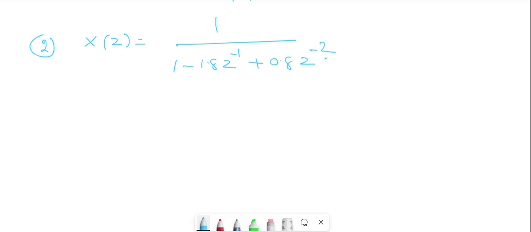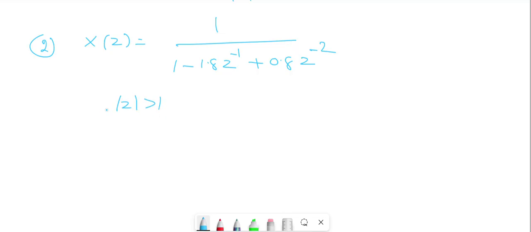Second one, find the inverse Z transform of x of z is equal to 1 divided by 1 minus 1.8 z inverse plus 0.8 z minus 2, for the following conditions of ROC: modulus of z is greater than 1.